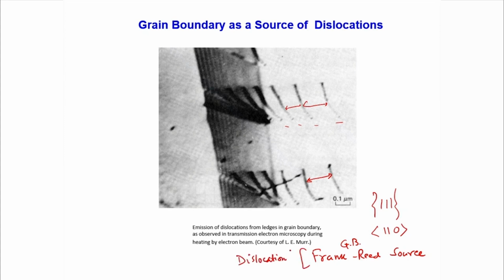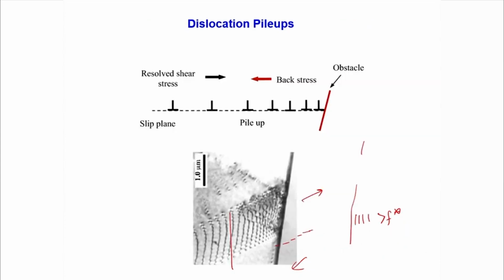Nonetheless, as the dislocations are generated, they move through the crystal and then go away. And once they move inside the crystal, obviously they are moving, and sometimes they will come in face-to-face contact with another grain boundary. Okay, so very simple. You have a grain like this, and dislocations generated from this grain boundary.